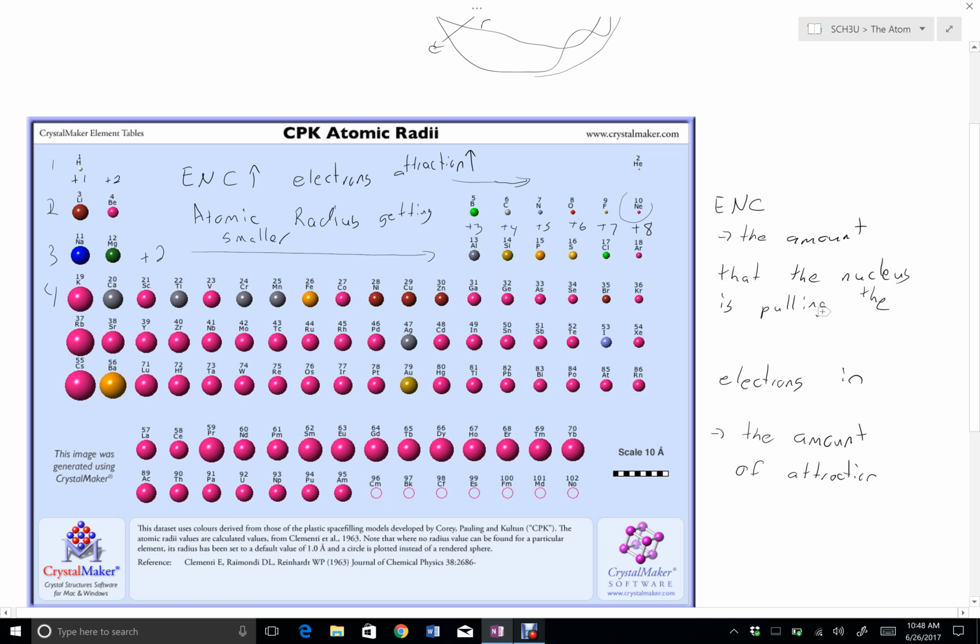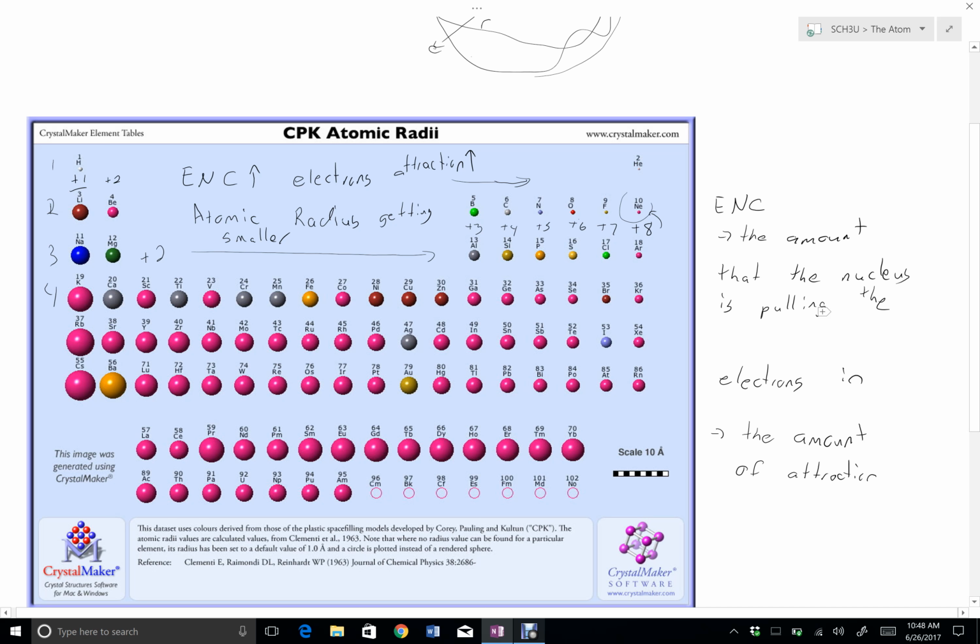Here we see lithium's quite large, with a low effective nuclear charge, so those electrons aren't pulled in that tightly. Add more effective nuclear charge, +2, we get a smaller atom, all the way up to this one with an effective nuclear charge of +8, and those electrons are being pulled in quite tight to that atom.